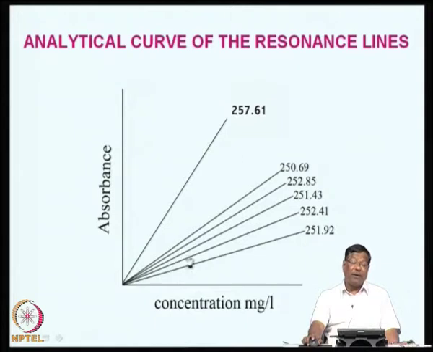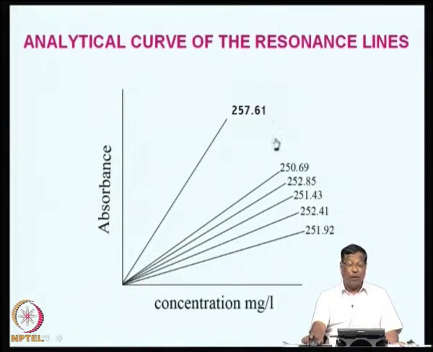The calibration does not get affected, but the detection limits will definitely change, but not much also, because the monochromator will allow all these radiations within 0.2 nanometers.